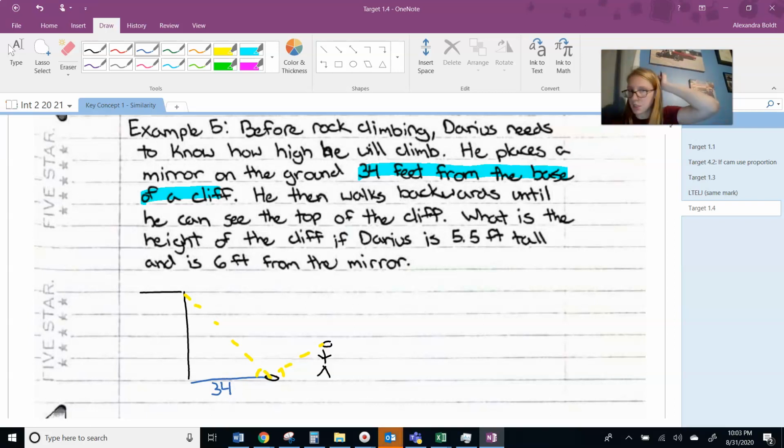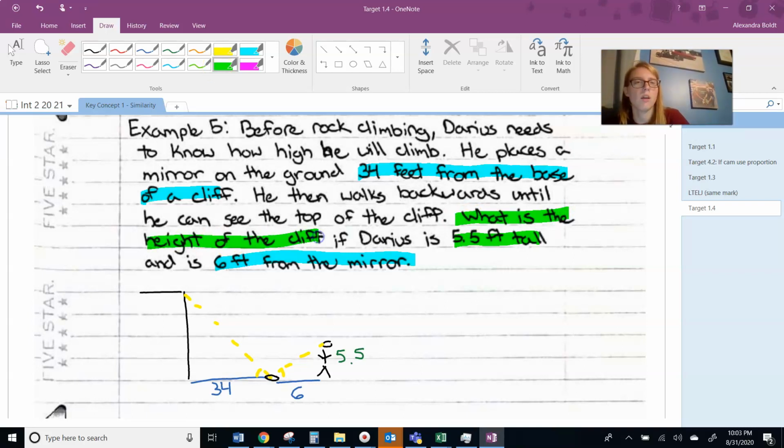He then walks backwards until he can see the top of the cliff. Darius is 5.5 feet tall. So he's 5.5. And he's 6 feet from the mirror. So this distance here is 6. Okay, so again, I'm looking for the height of the cliff.